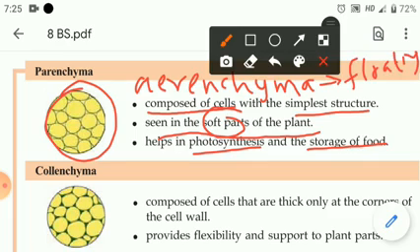This is because the leaf consists of aerenchyma, whose cells contain air, like an air bag or air cavity. Then another type of parenchyma is chlorenchyma.